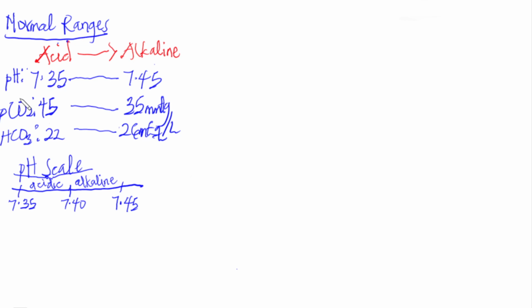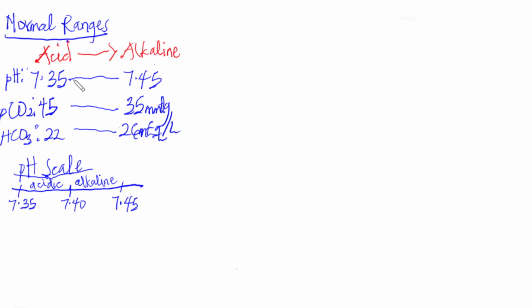So the pH, the normal range is 7.35 to 7.45. Anything less than 7.35 is moving towards the acidic side. Anything more than 7.45 is moving towards the alkaline side. Looking at the pH scale here, the absolute pH of the human body, the blood, is 7.40.